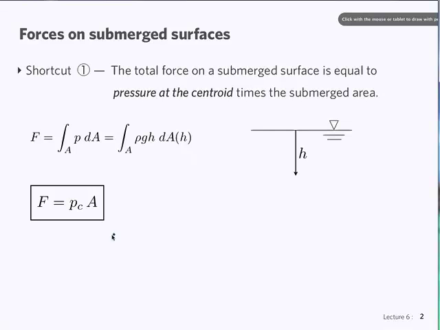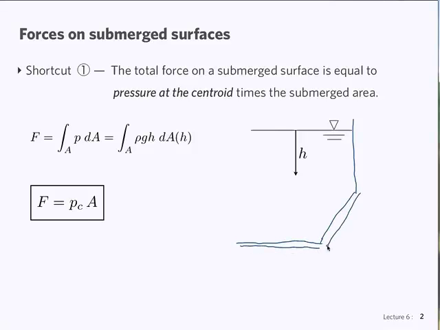For example, in this picture, the surface is indicated by this little triangle that indicates that there is atmospheric pressure there. So suppose we have an inclined plate there. So this is our wall. And we want to calculate the forces due to pressure here.